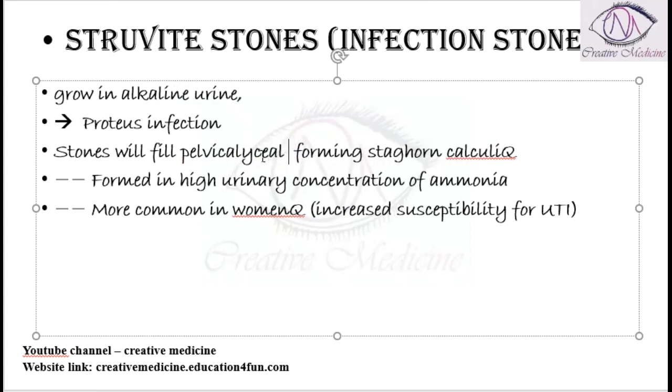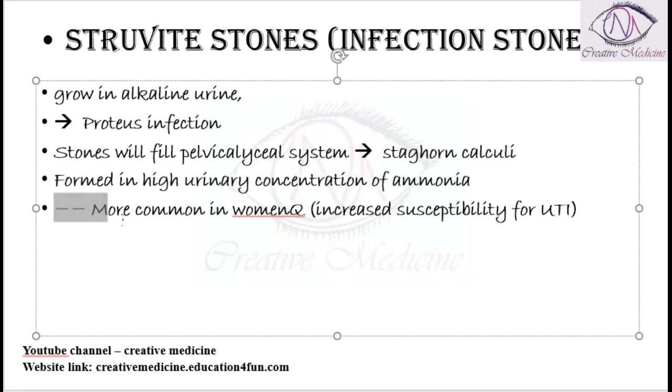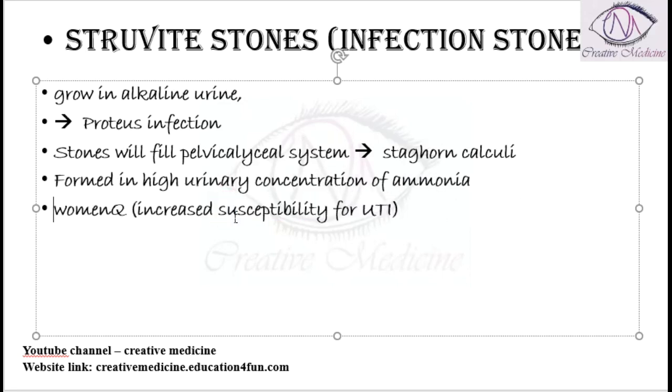This results in the formation of staghorn calculi. These staghorn calculi are the hallmark of struvite stones, and they are formed in a high concentration of ammonia. When there is a high concentration of ammonia, obviously there is highly alkaline urine. They are most commonly seen in women.